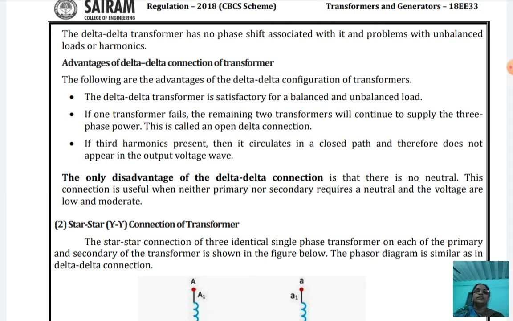If the third harmonic is present, it circulates in a closed path and therefore does not appear in the output voltage wave. The disadvantage is that there is no neutral. When neither the primary nor the secondary requires a neutral, it is suitable for low and moderate voltage only.